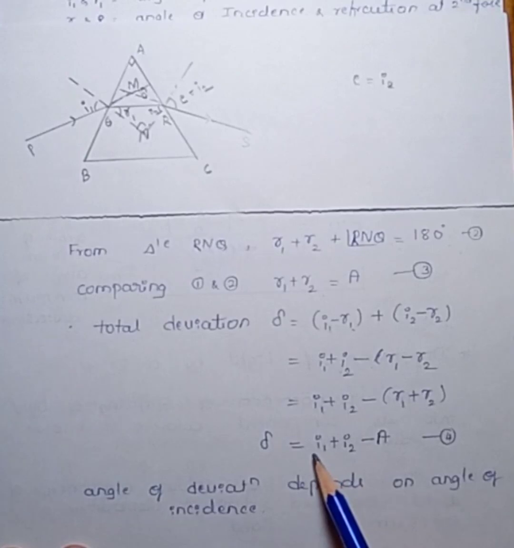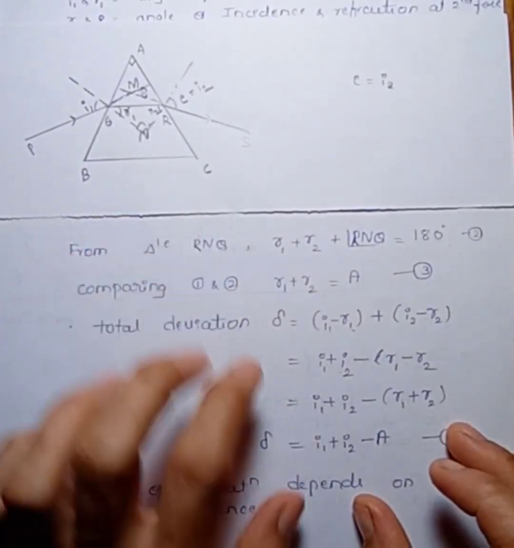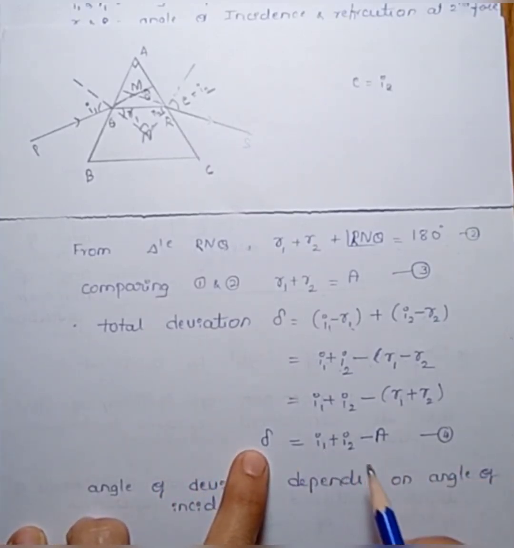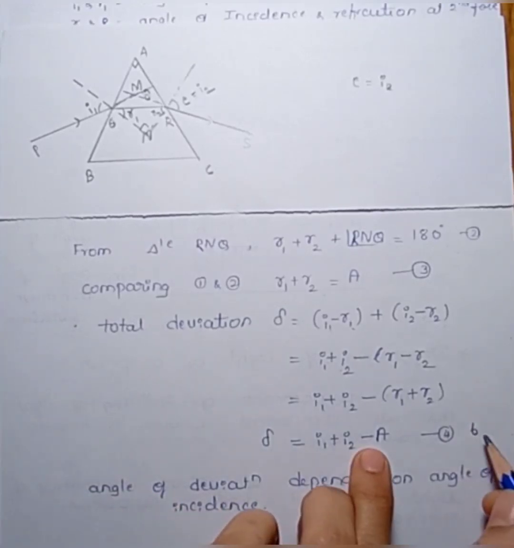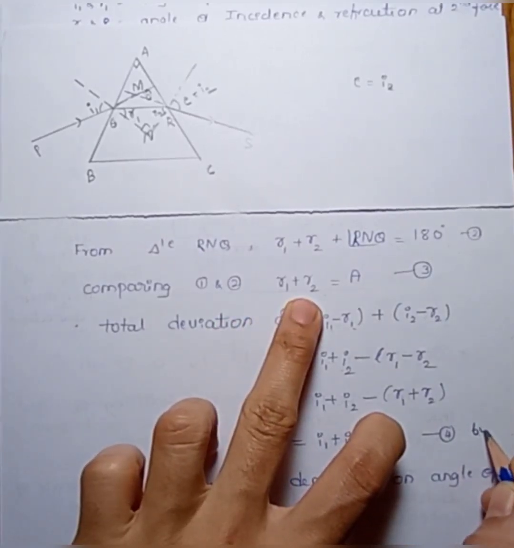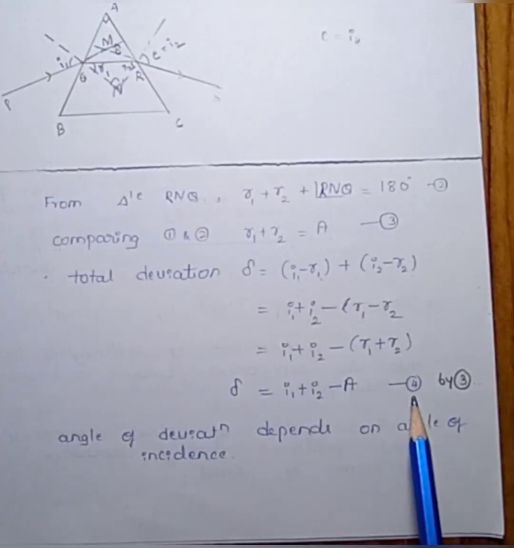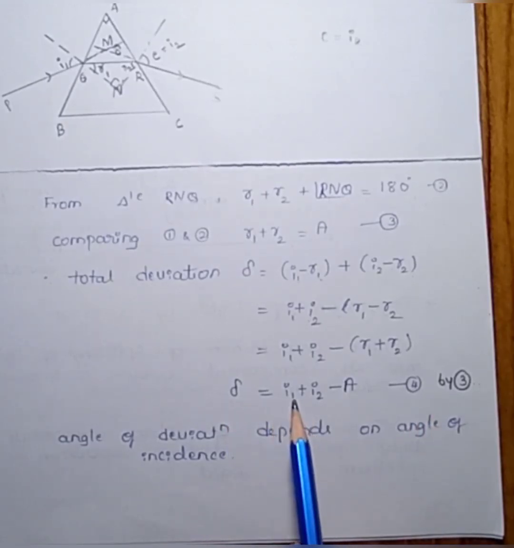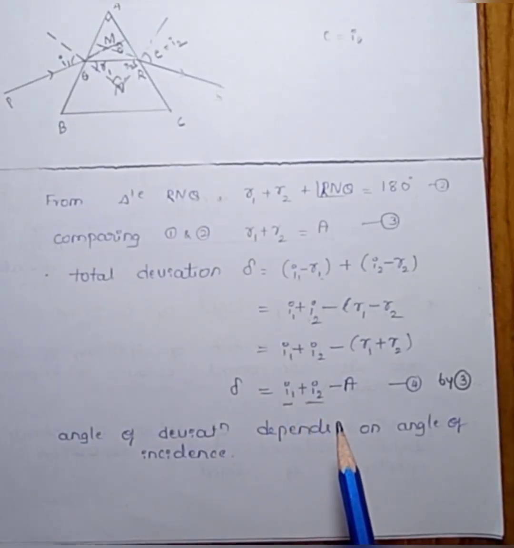Then total deviation delta can be written as I1 plus I2 minus A. Here A is equal to R1 plus R2, that is by equation 3. Delta is equal to I1 plus I2 minus A. Equation 4, which shows the angle of deviation depends on angle of incidence I1 and angle of emergence I2.